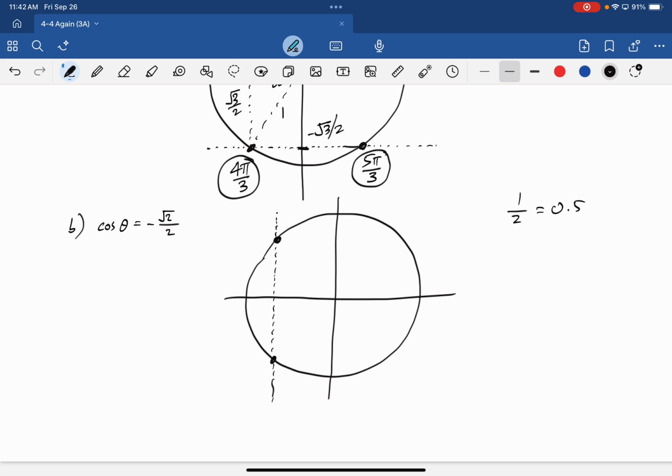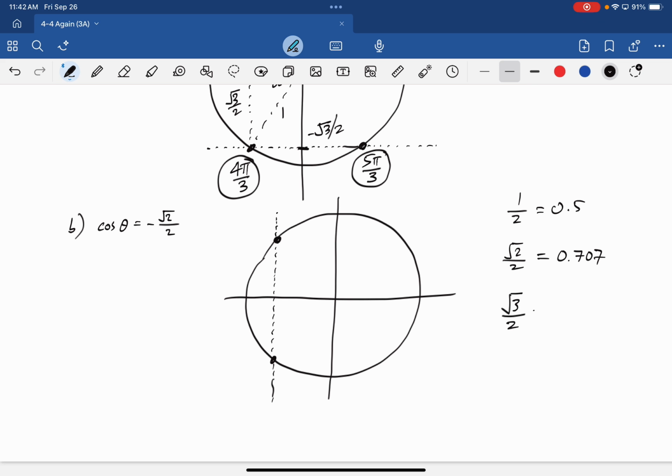1/2 is 0.5. Anybody want to guess what root 2 over 2 is? 0.7, 0.71.